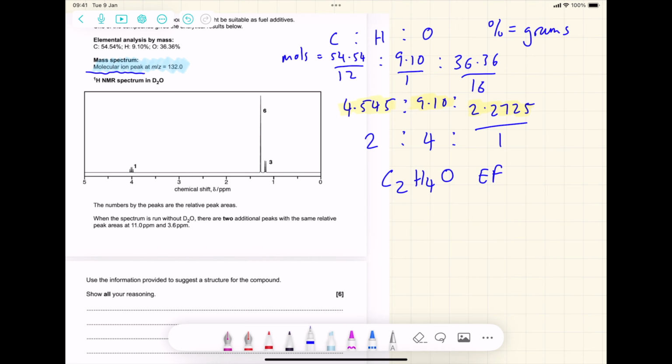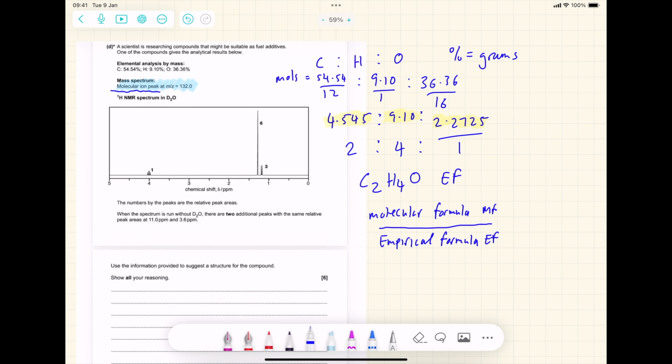And the relationship is if you divide the molecular formula, let's call it MF, by the empirical formula, let's call it EF, you get a whole number. And whatever that whole number is, 2, 3, 5, you multiply the empirical formula by that number. So you multiply these numbers I've highlighted in green by this whole number, and that will create the molecular formula.